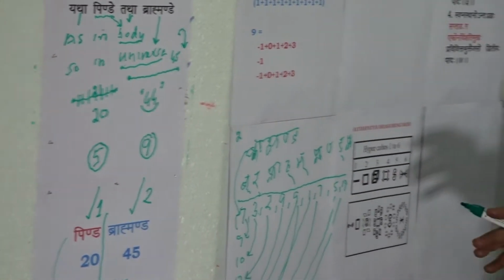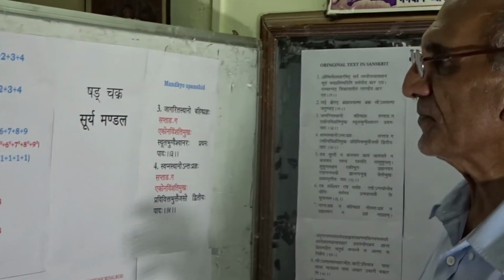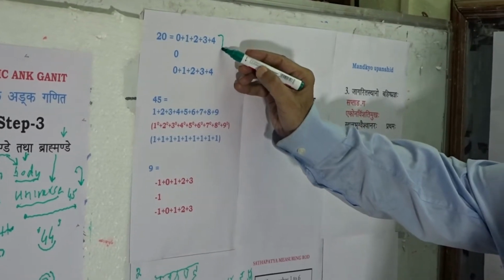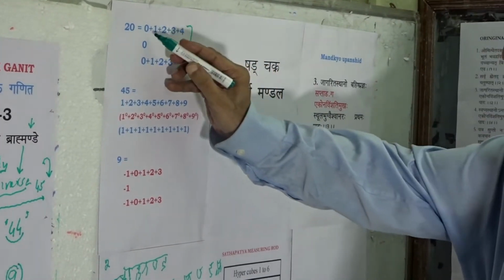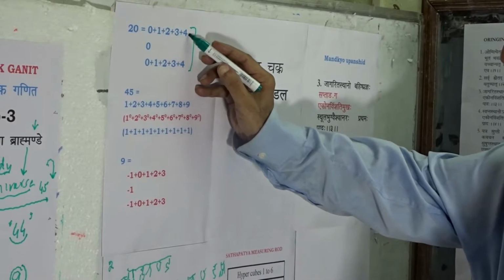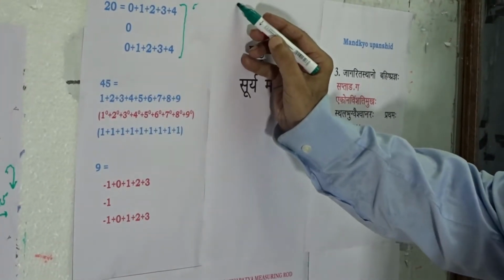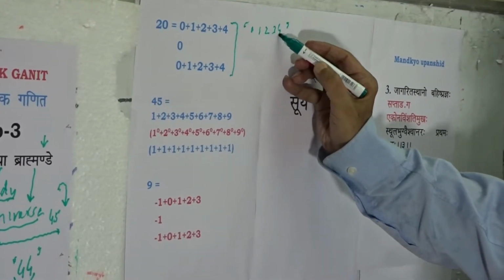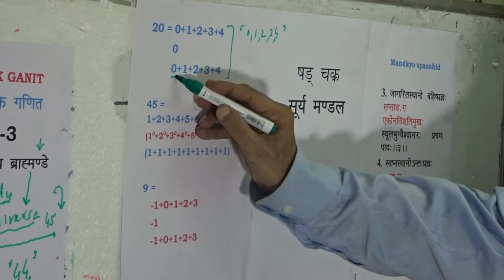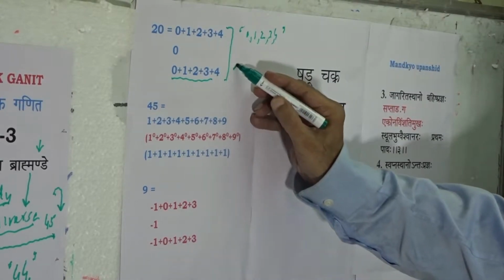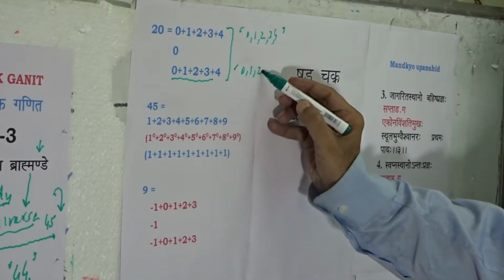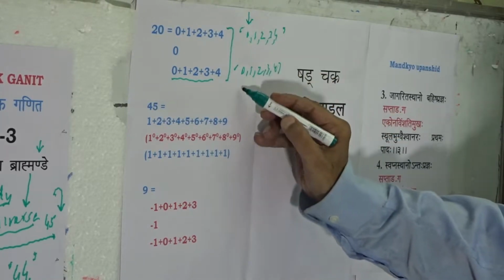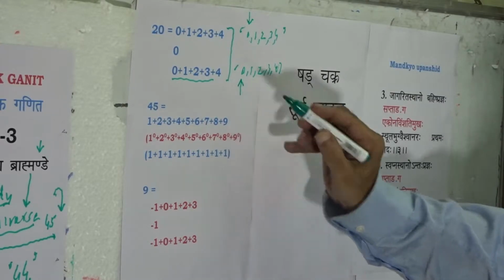Step ahead, let us now visit these values. Value 20 accepts an organization as 0 plus 1 plus 2 plus 3, a transcendence range 0, 1, 2 and 3. Likewise, this is the second transcendence range 0, 1, 2, 3. So it is a 0 order transcendence range. It is another 0 order transcendence range.